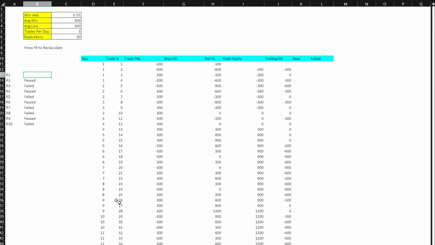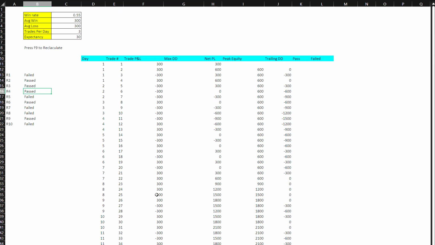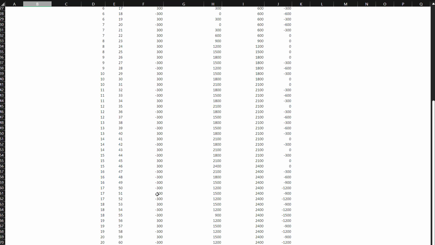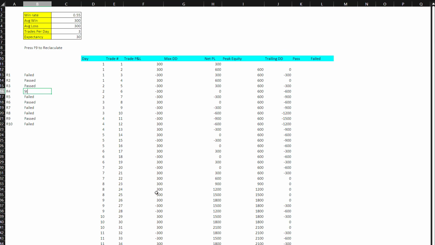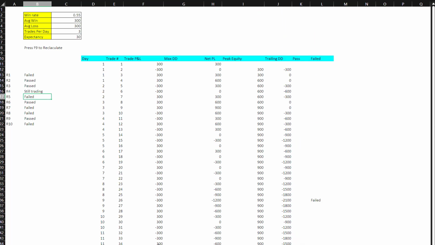First time you failed, then you passed, you passed. On run number 4, you're still trading after 31 days, and you're at $2,400. Still trading, because I only went to 30 trades on my spreadsheet.